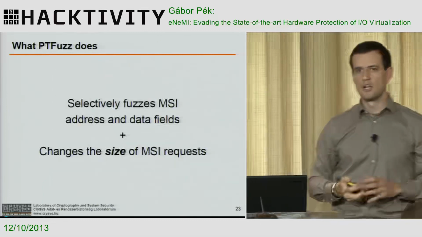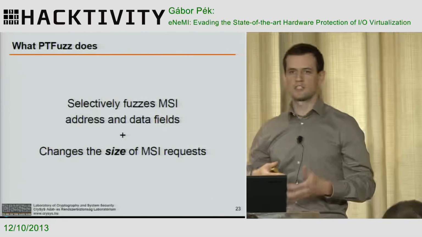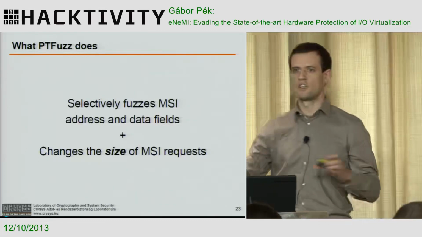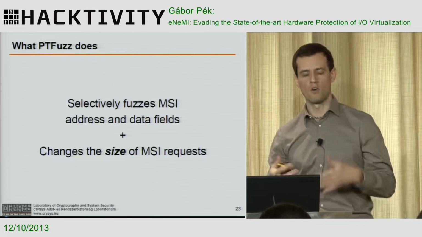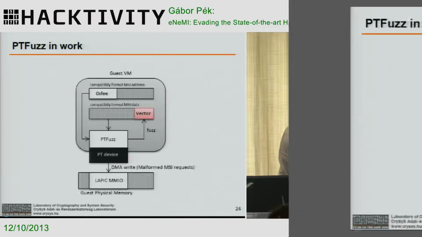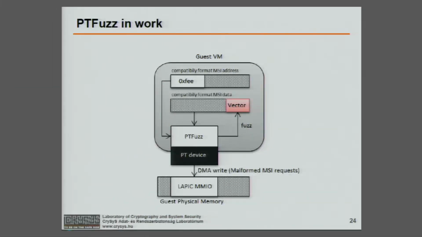Why not? So what PTFuzz does is it selectively fuzzes MSI address and data fields, and also changes the size of the DMA operation. So this is how it works. You have a guest VM, and you have the driver, and basically PTFuzz fuzzes any fields that I initialize.